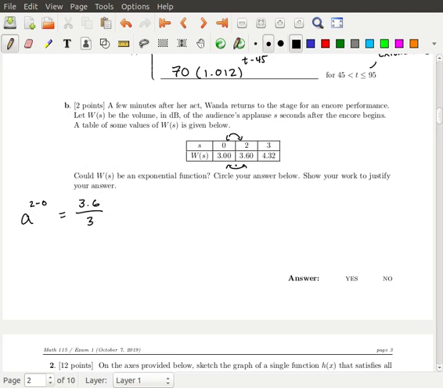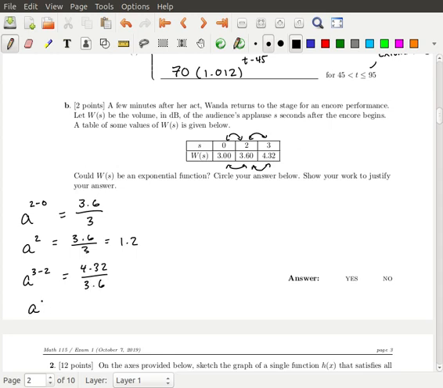So these first two data points would tell us that a squared equals 3.6 over 3, which is 1.2. The second pair of data points would say a to the 3 minus 2 equals 4.32 over 3.6.